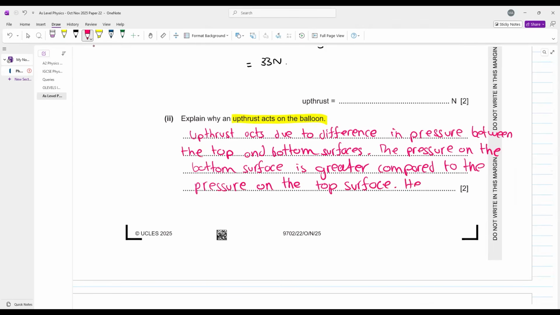Hence, the bottom surface experiences a larger force.